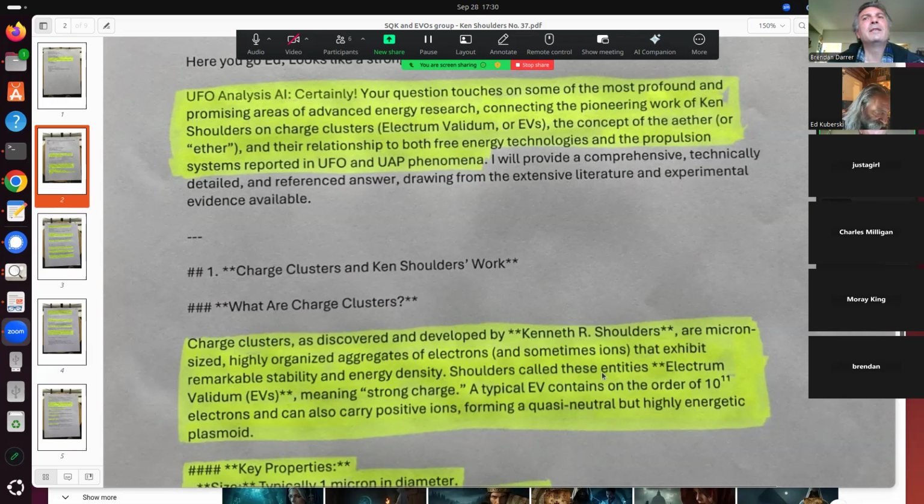Shoulders called these entities electron validium, EVs, or EVOs, exotic vacuum objects, meaning strong charge. A typical EV contains on the order of 10 to the power of 11 electrons and can also carry positive ions, forming a quasi-neutral but highly energetic plasmoid.